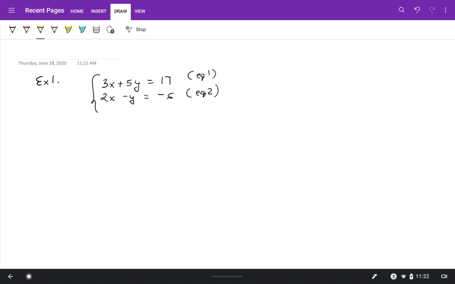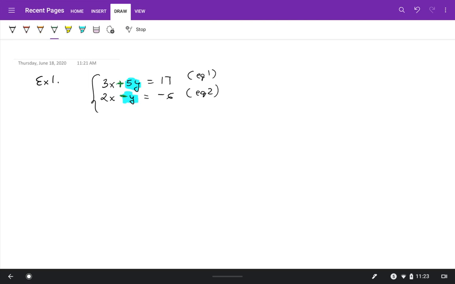So look what happens when you're using the addition method. The variable I'm going to pick to eliminate will be y. Why am I going to pick y? Because I already have opposite signs. The first equation has positive 5y, and the second equation has negative 1y.